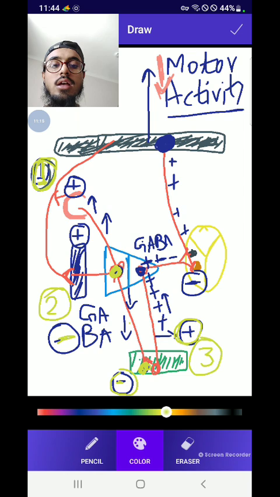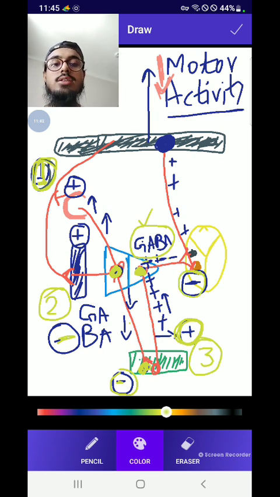Okay, at the subthalamus, and when the action potential goes towards the globus pallidus internus, it is high. Okay, so here again GABA is released. GABA is a neurotransmitter of inhibition. So the inhibitory signal goes to the thalamus. When there is a lot of GABA, more inhibition takes place.